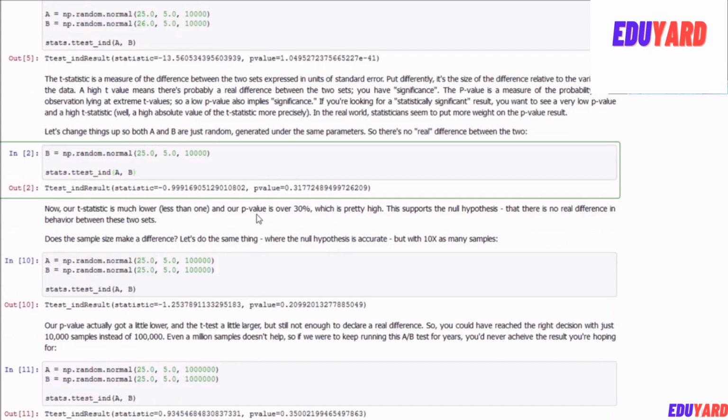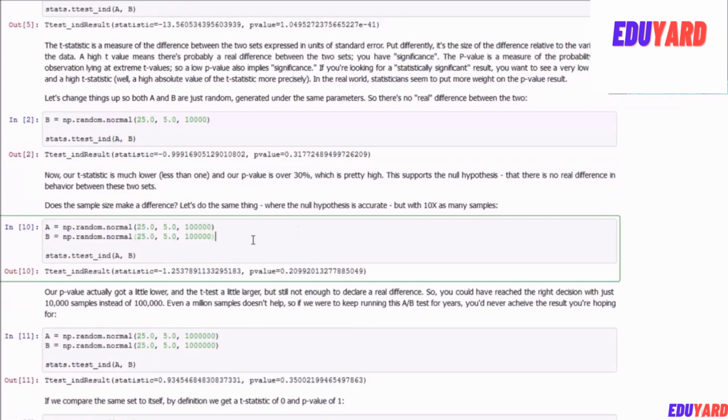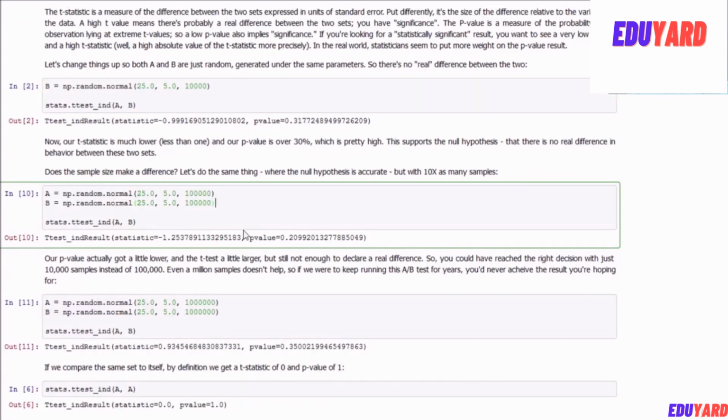Let's do some changes here, and again we are creating these sets under the same conditions. Let's see if we actually get a difference in behavior by increasing the sample size. We are going to go from 10,000 to 100,000 samples.